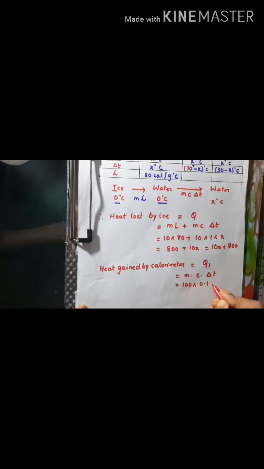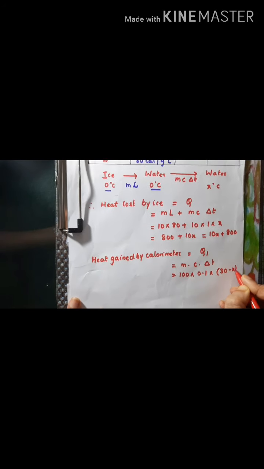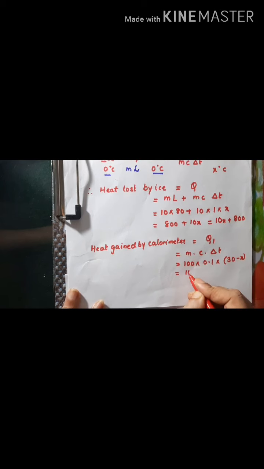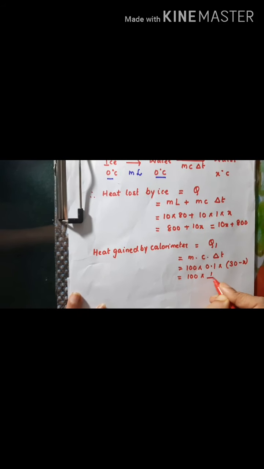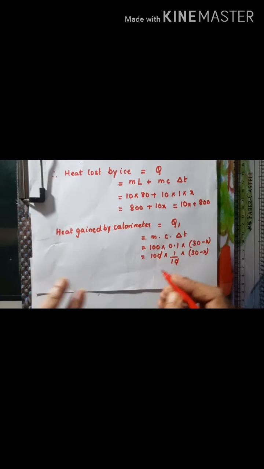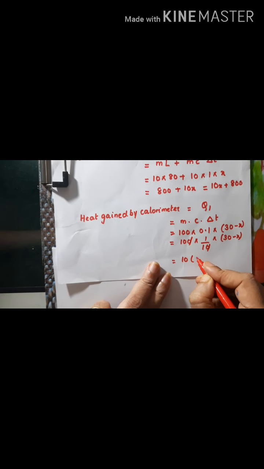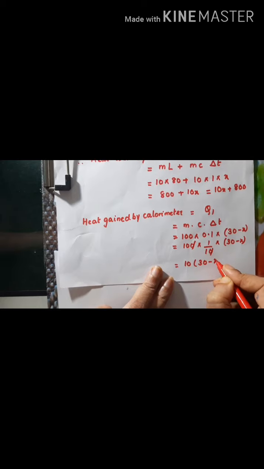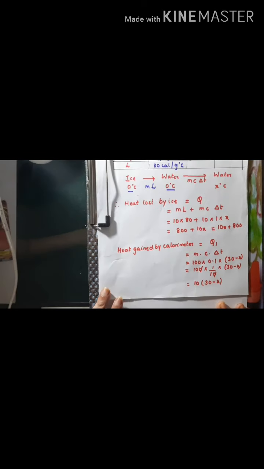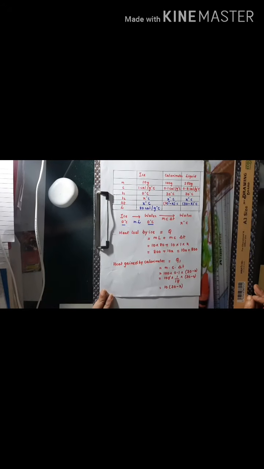What is C? C is 0.1. Delta T is 30 minus x. In the previous sum I showed you, anyway, I'll do it again. 100 into 1 upon 10 into 30 minus x. So this 0 and this 0 cancels. So we get 10 into 30 minus x. Heat gained by calorimeter: 10 into 30 minus x.